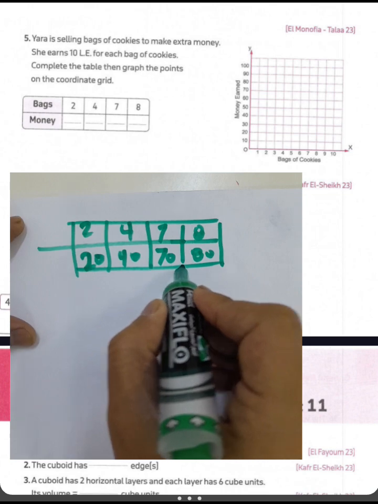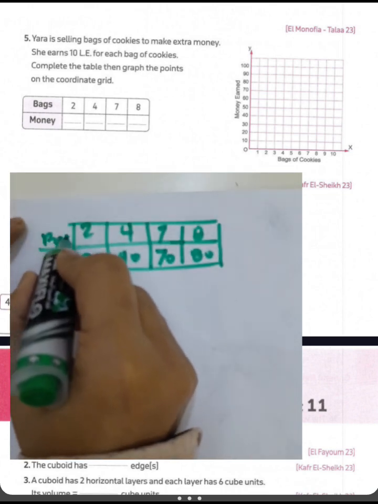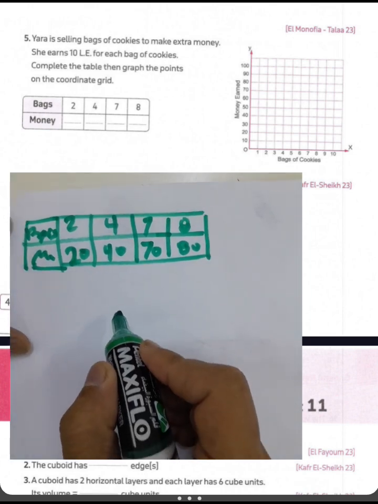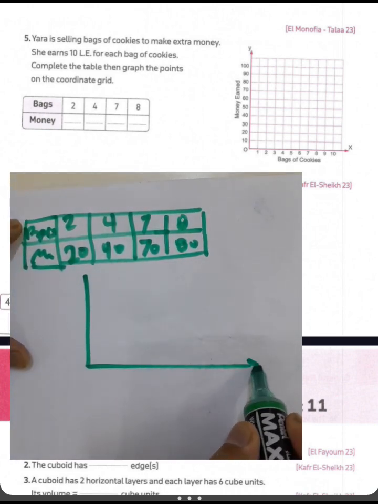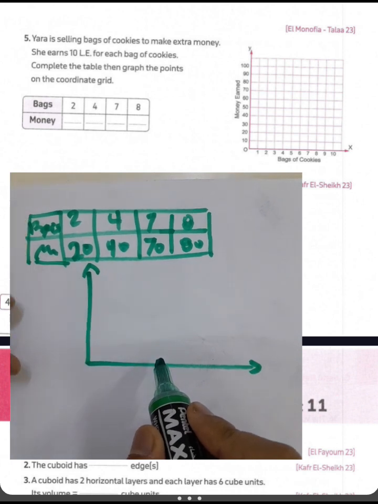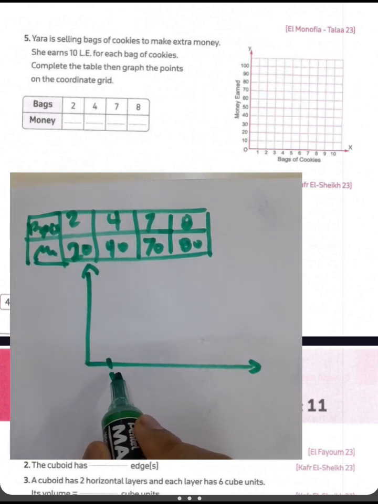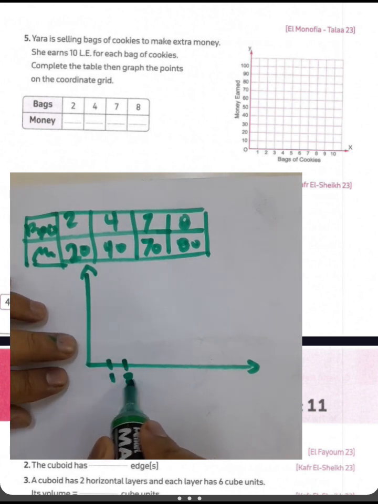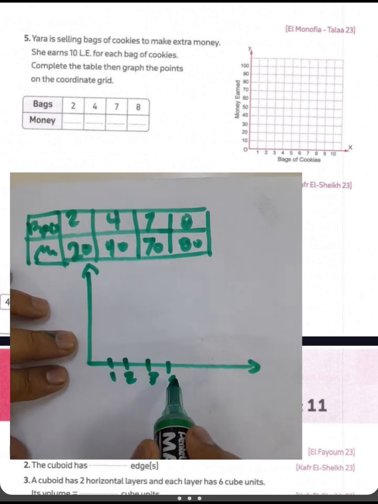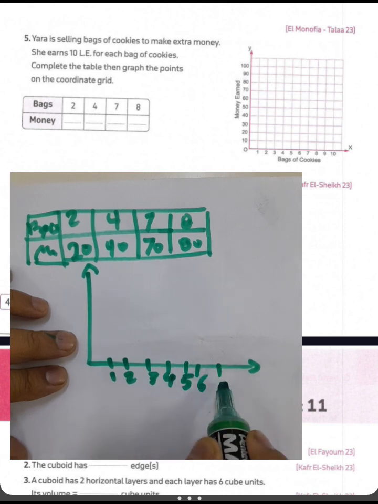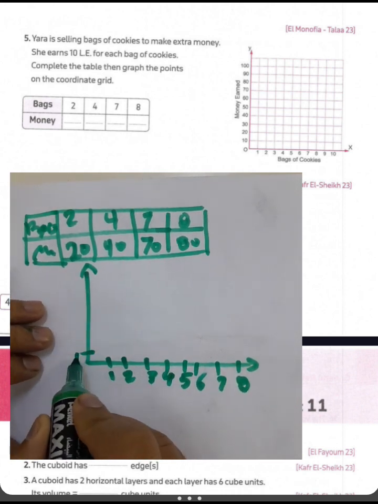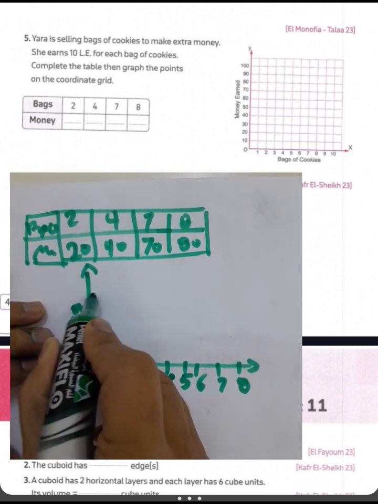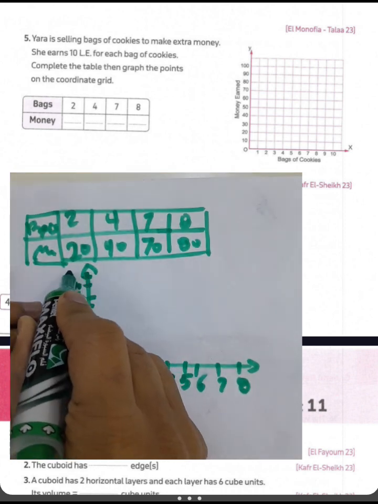Okay, and we have here bags and money, and then we can draw 1, 2, 3, 4, and so on in the graph here, 1, 2, 3, 4, 5, 6, 7, 8, and here 10, 20, 30, 40, 50, 60, 70, 80.